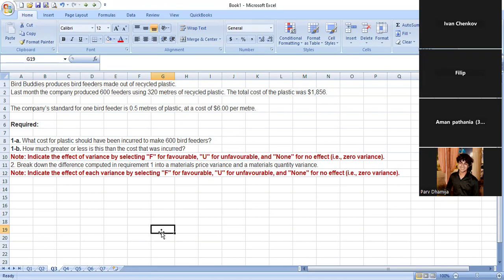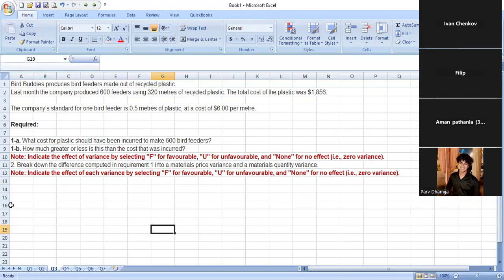What cost for the plastic should have been incurred to make 600 bird feeders? Second, how much greater or less is this than the cost that actually happened? And the last one is to break the difference into the material price and quantity variances.